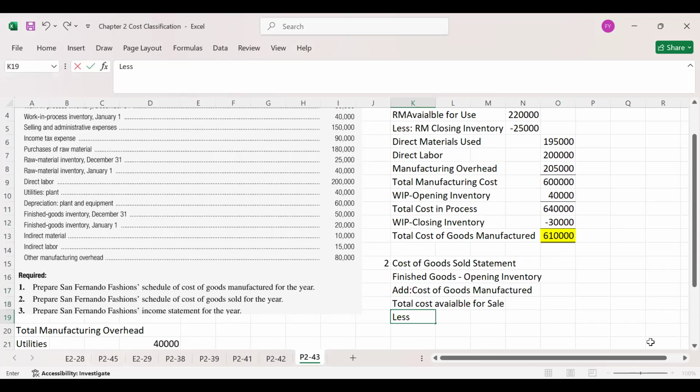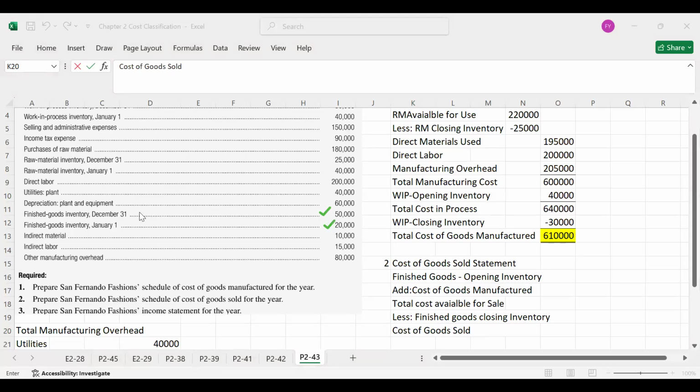And then we will deduct finished goods closing inventory to get cost of goods sold. So finished goods inventories are also given. You can see January 1st inventory and December inventory. And cost of goods manufactured, we have just calculated it. So finished goods opening inventory is 20,000.